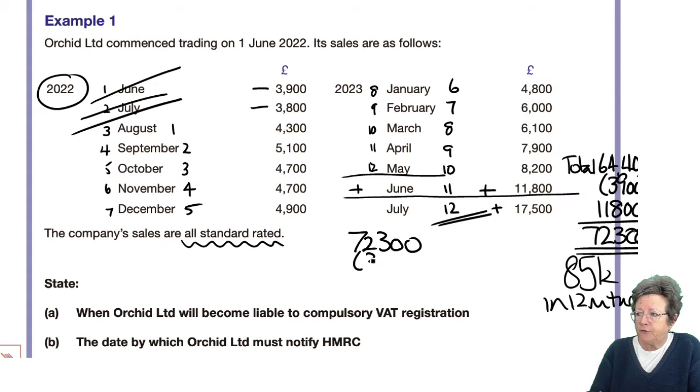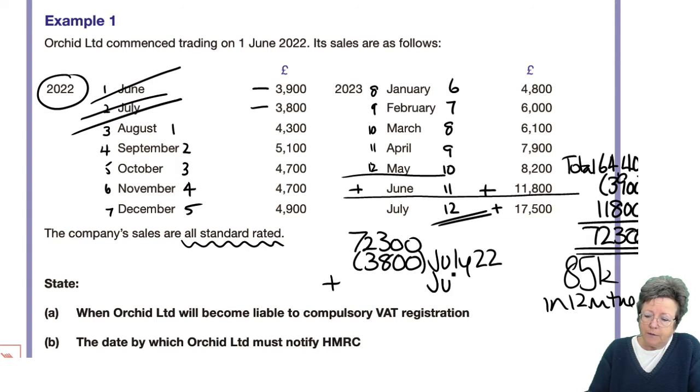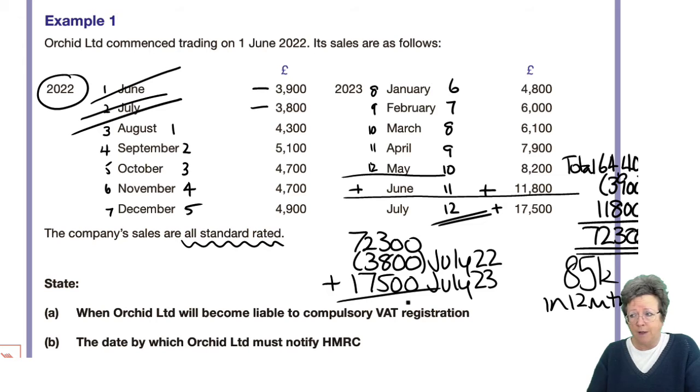We take off 3,800, which is July 22, and we add on July 23, which is 17,500, and I think you can guess what the answer might be here. We now have a total of 86,000.